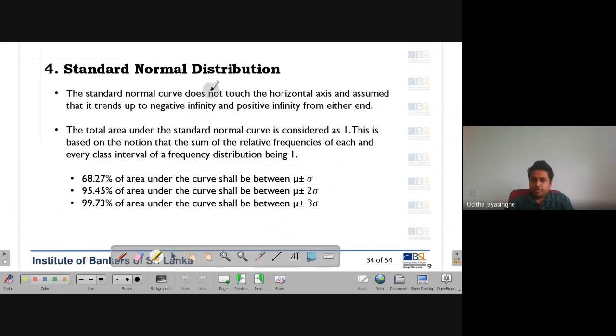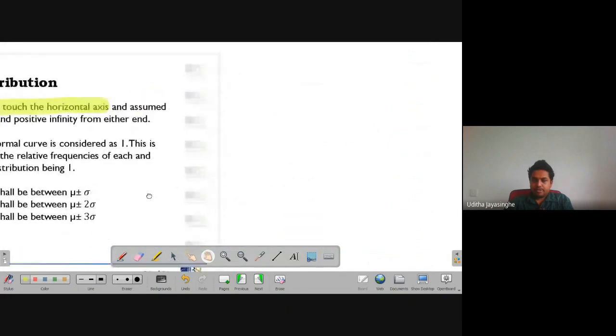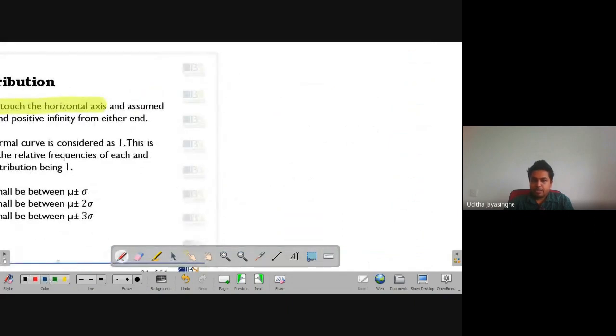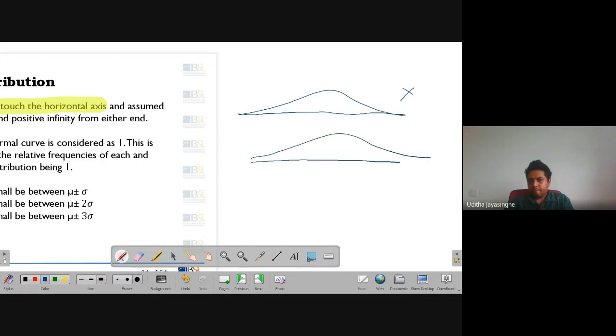Okay, some important characteristics. The curve does not touch the horizontal axis. It assumes that it ends up at negative infinity and positive infinity. So that's why I was very particular when I was drawing this. It is not like this. Not like this. A good representation will be something like this.